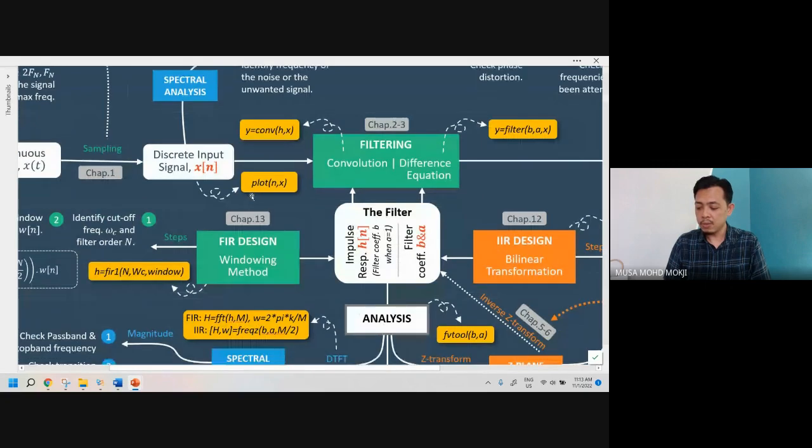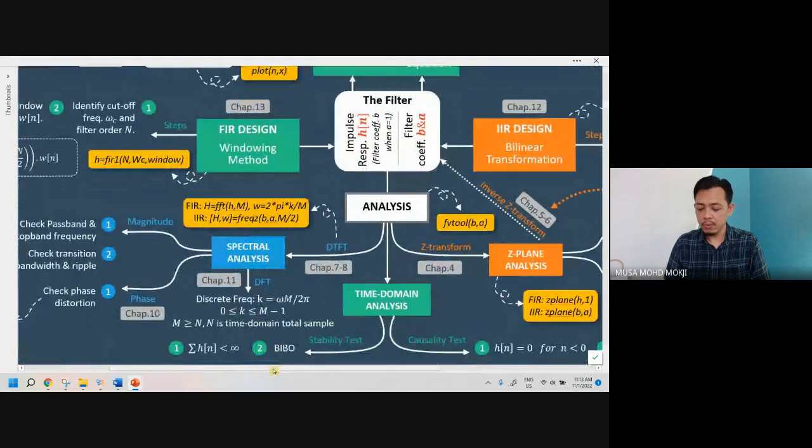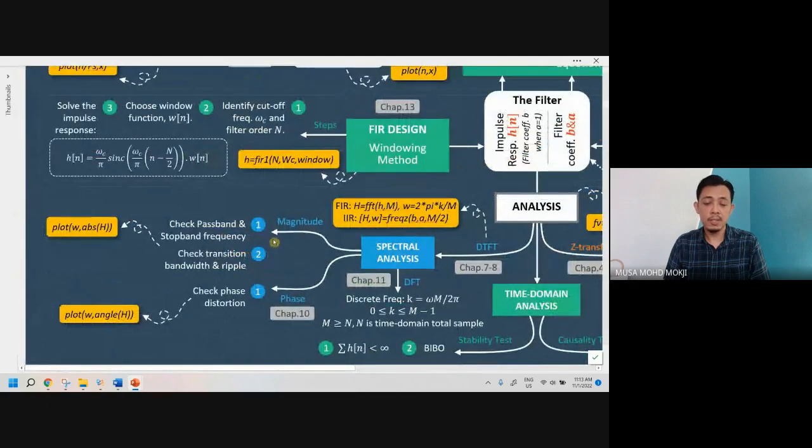So why do we do analysis on the filter? Because we want to check what the filter will do. The filter will remove, or maybe boost the frequency, or maybe retain it, or just reduce it. This is where we check the magnitude.